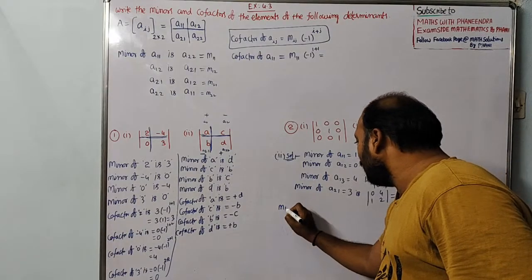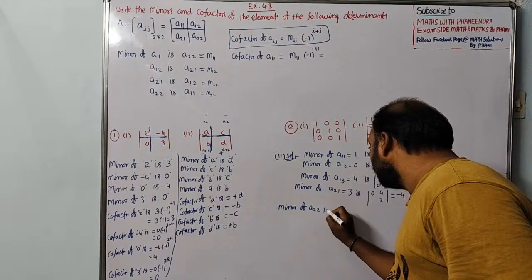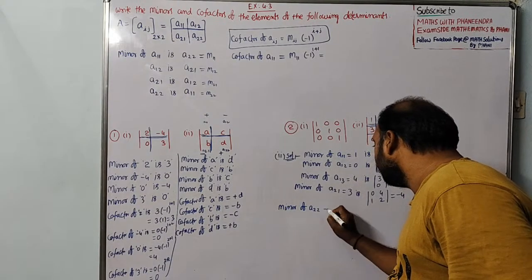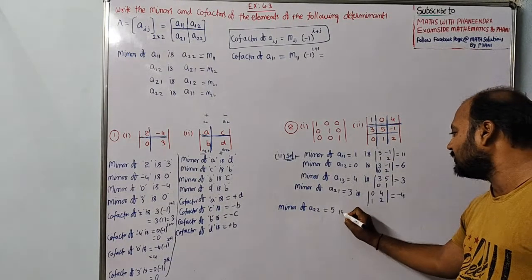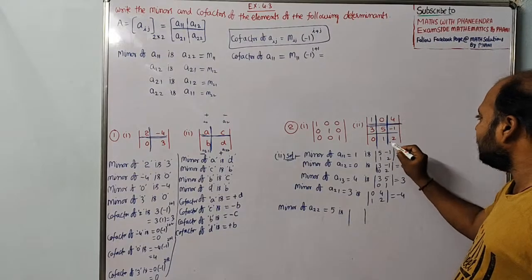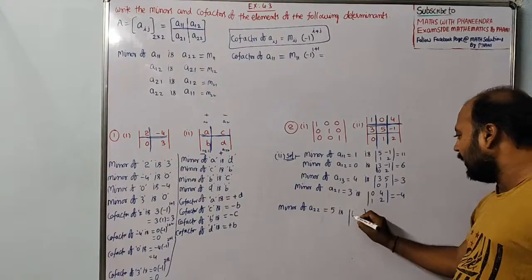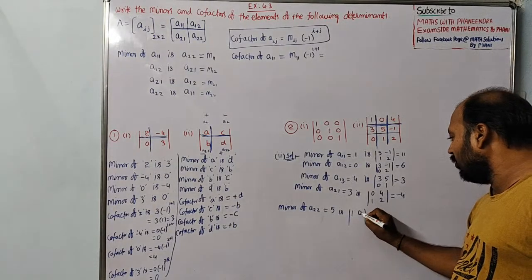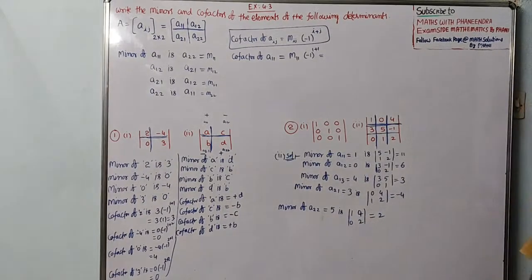Next, minor of an element A22. A22 means what? Second row, second column element is 5 is. We are eliminating second row and second column. 1402 is the remaining. So if you find out the determinant, it becomes as 2 now.